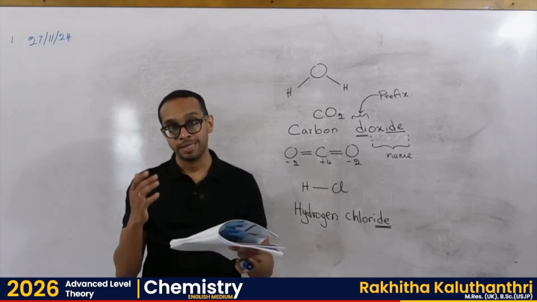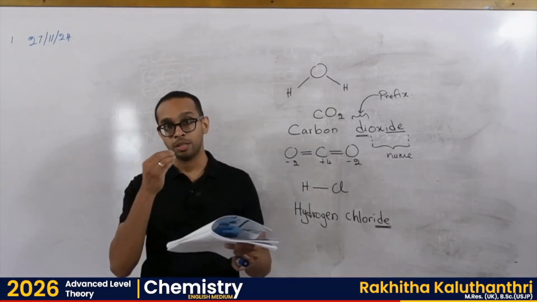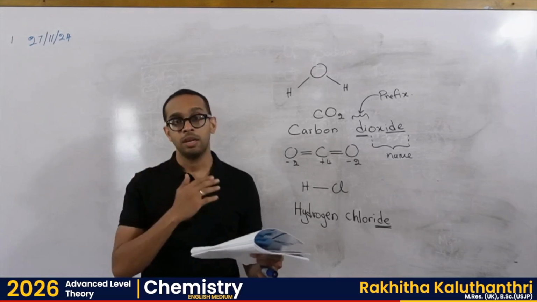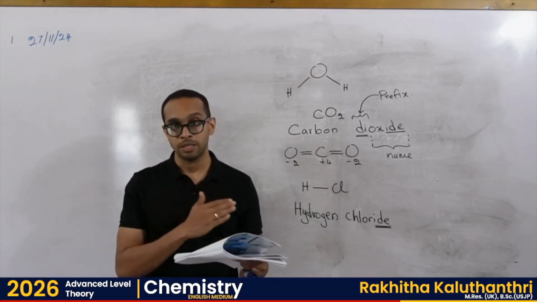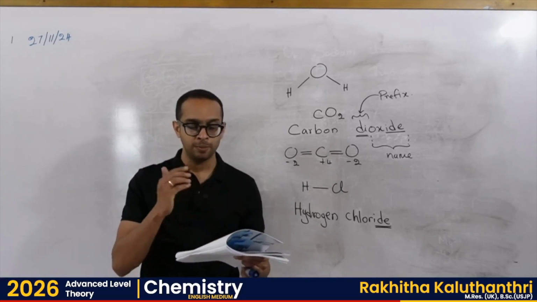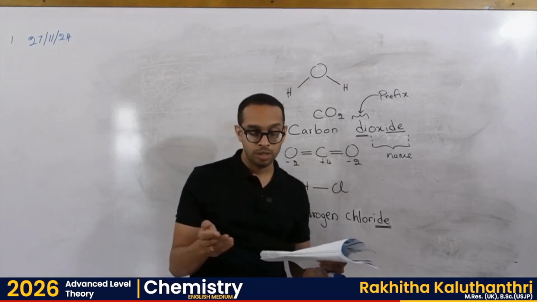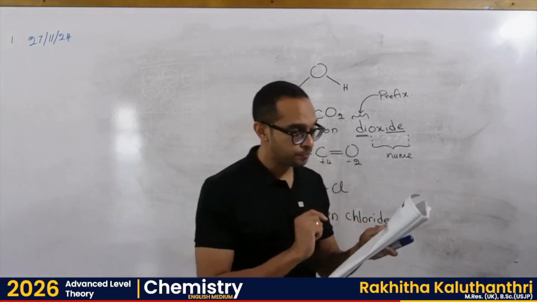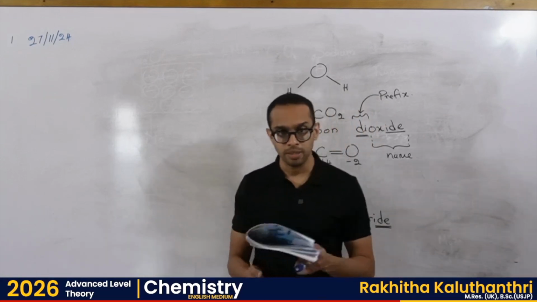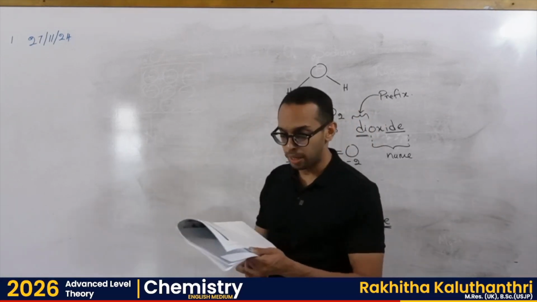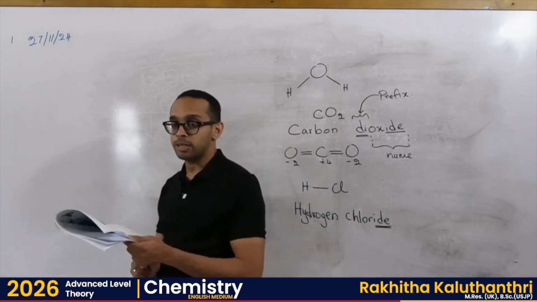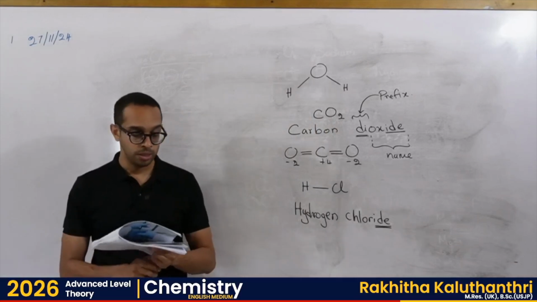These are basically the prefixes that you are somewhat familiar with throughout the past lessons as well. Mono stands for 1, di stands for 2, tri stands for 3. All of them are in the table here. Then some examples are given: carbon monoxide, carbon dioxide, sulfur dioxide, sulfur trioxide, and so on.